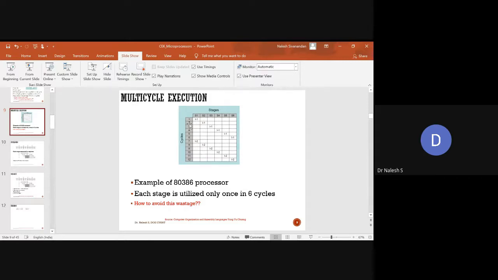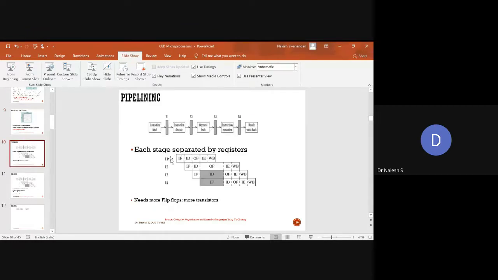So you have the first instruction: instruction fetch, decode, execute, and write back, or operand fetch, execute, and write back. In the second cycle, you start instruction fetch for the second instruction, and it goes on like that.